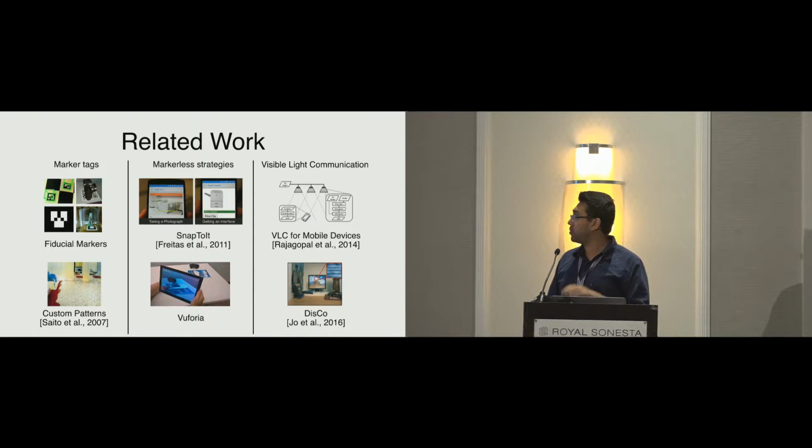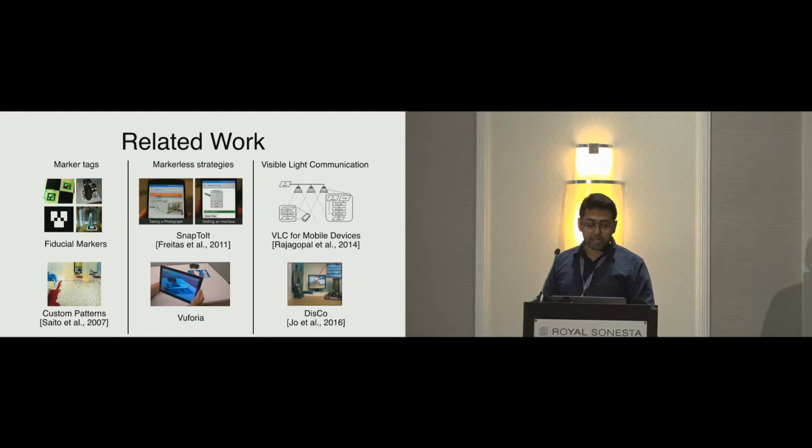Markerless strategies rely on computer vision, such as registration in Paper Snap-to-It, in which they pre-register the object, then detect the object, and based on that load a specific web page. Or in Vuforia, where they pull up information in a pre-scanned markerless environment.